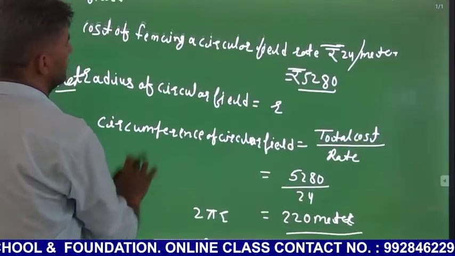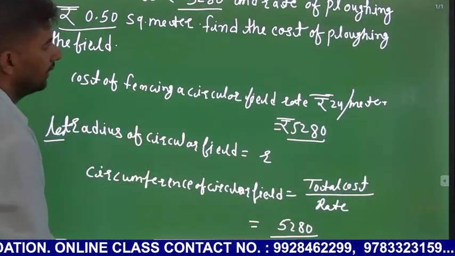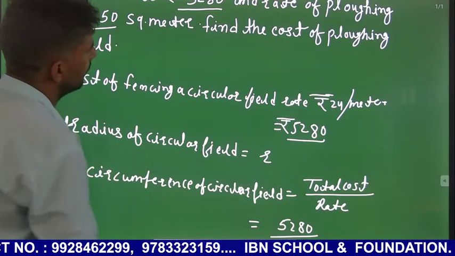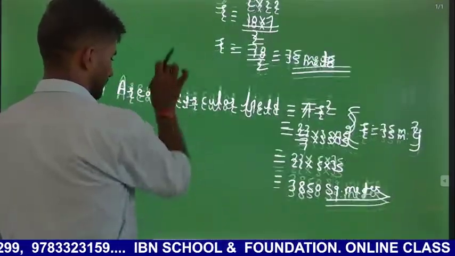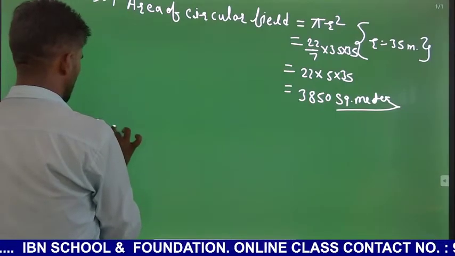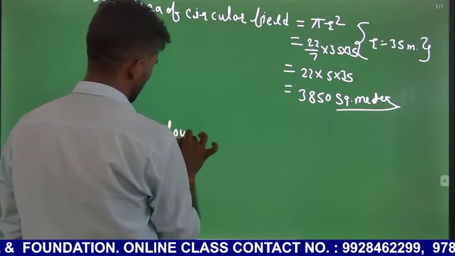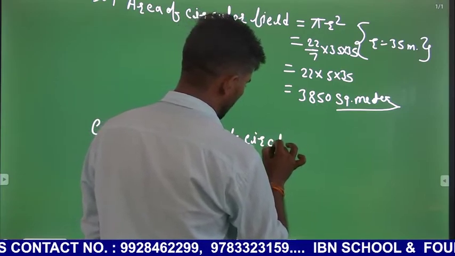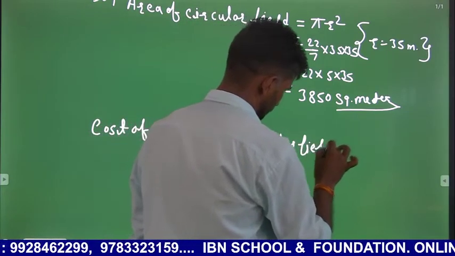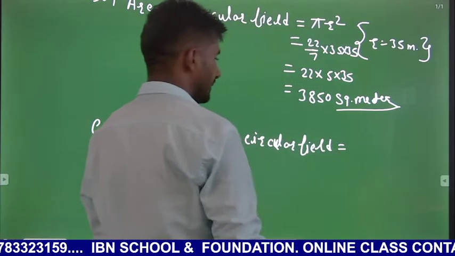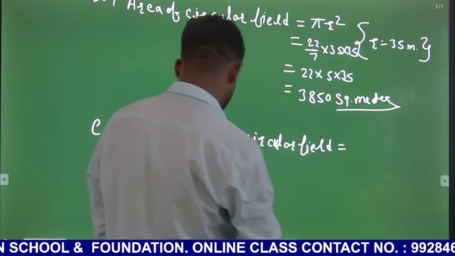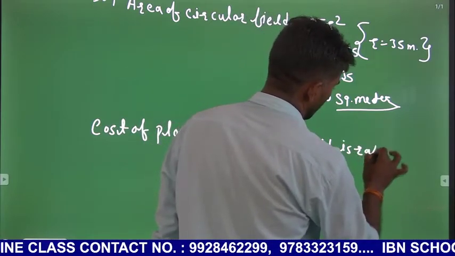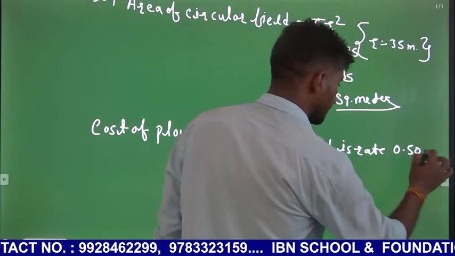Now we find the cost of plowing the circular field. That means we find the cost of plowing a circular field, and the rate of plowing the circular field is 0.5 per square meter.